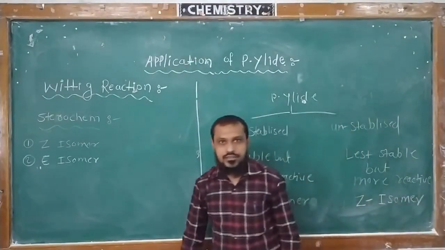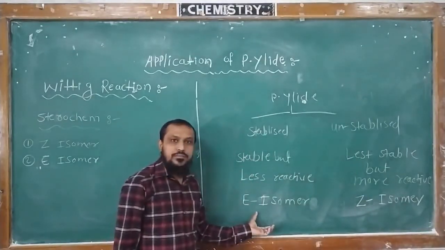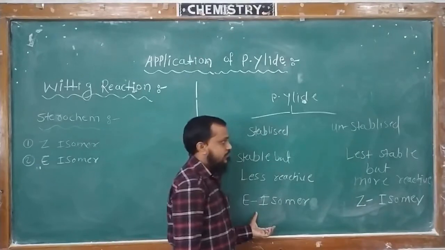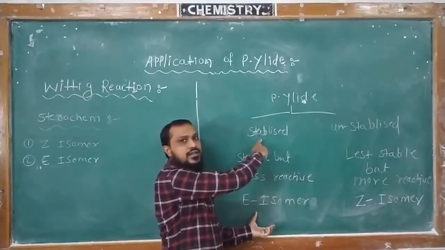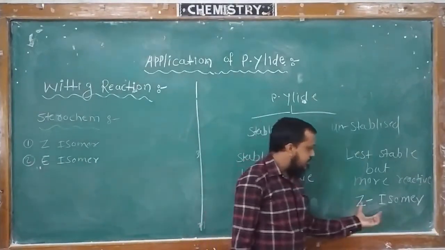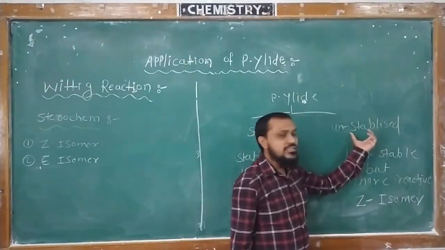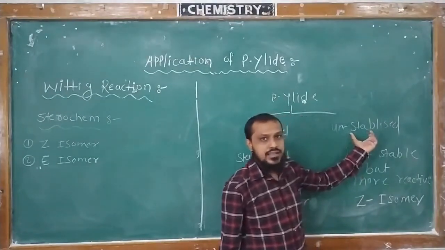Here the E isomer is predominant when stabilized phosphorus ylide is used in the Wittig reaction, and the Z alkene is predominant when the unstabilized phosphorus ylide is used.